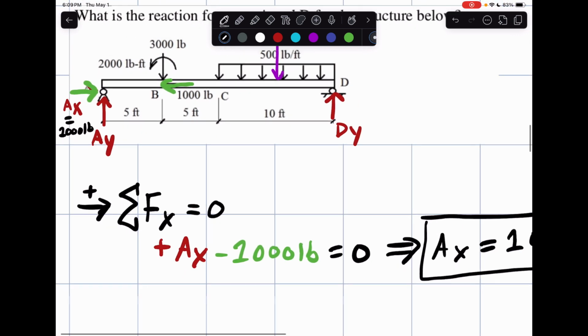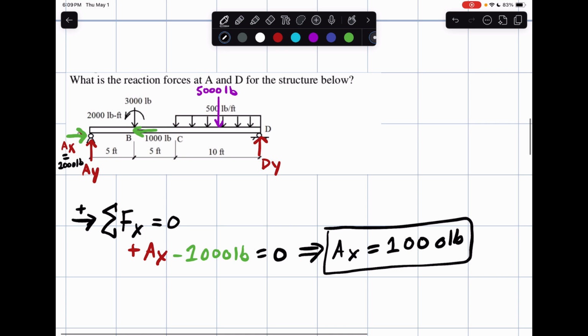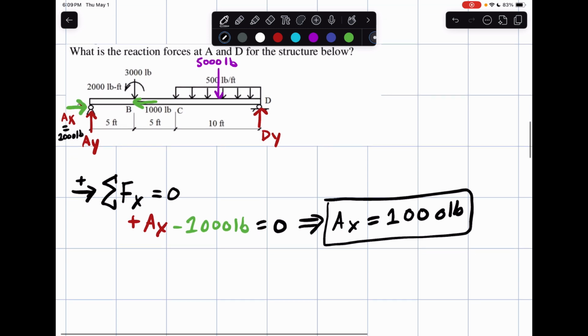Now we can go ahead and solve for the other reaction forces. We could start off with AY or DY. Let's start off with DY.